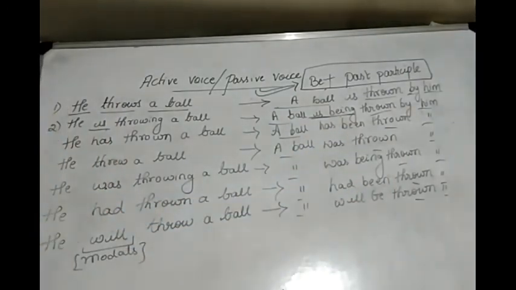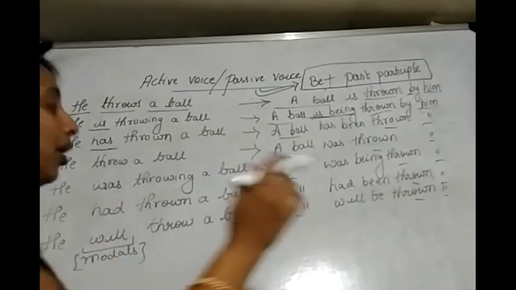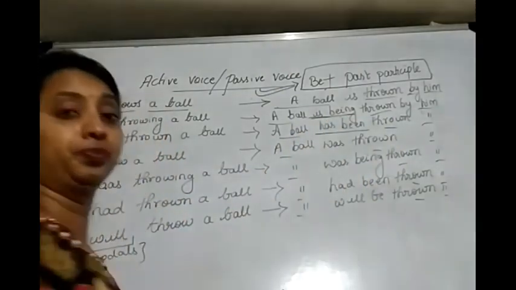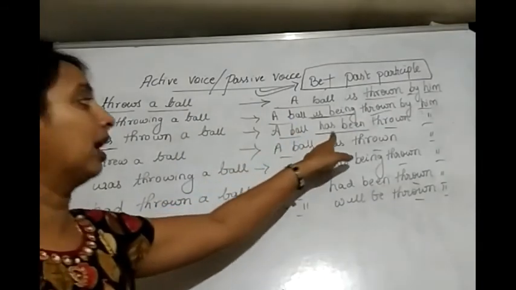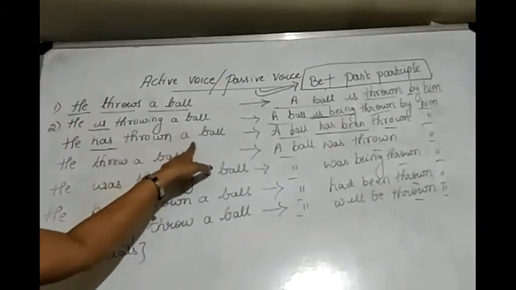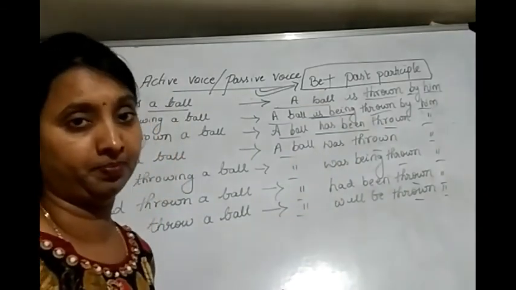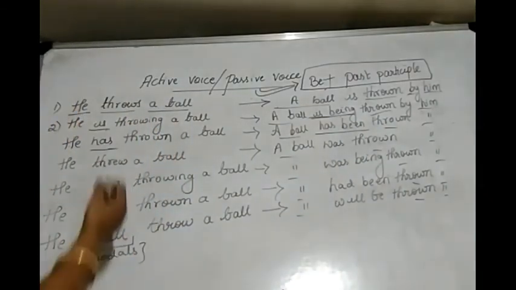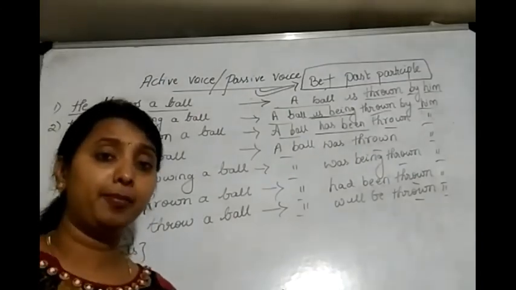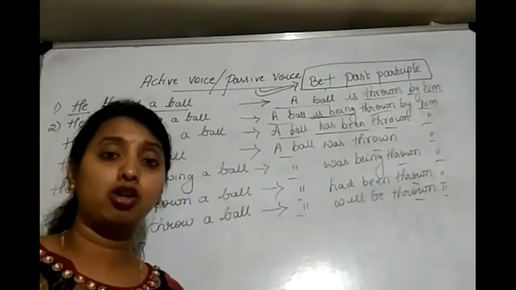We'll go for the next one. He has thrown a ball. I told whenever there is has, you have to go for has been. So, he has thrown a ball becomes a ball has been thrown by him. Next sentence. He threw a ball. It is did form. If a past form of a verb is there, that is called did form.